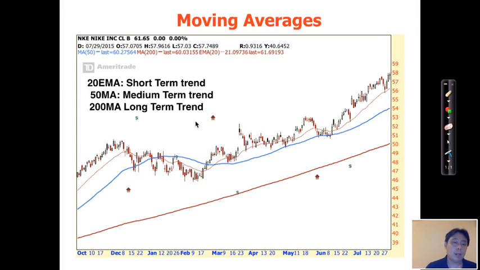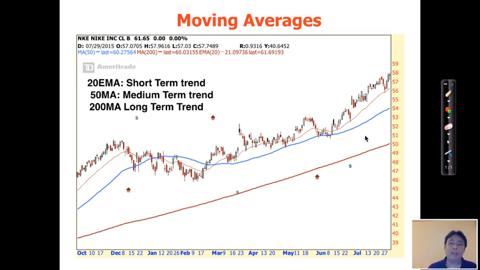All right. So the 200 moving average is used to determine the long-term trend. Basically, as long as the price, the candles, are above the 200 moving average, and the 200 is sloping up, it's on a long-term uptrend.